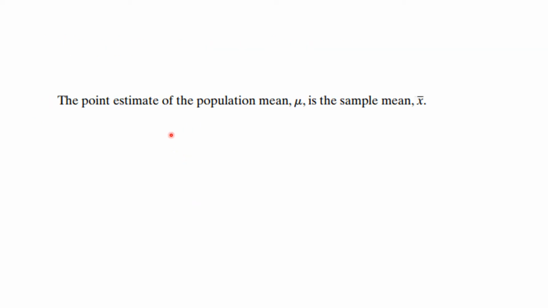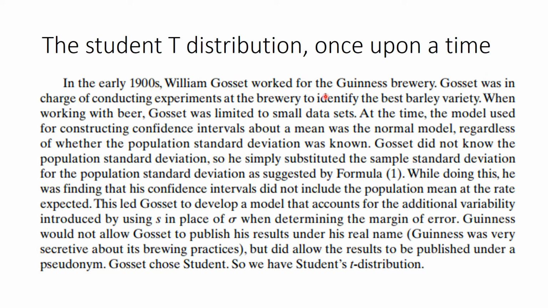Let's begin. The point estimate of the population mean, mu, is a sample mean, x bar. And once upon a time, a fellow who was working for the Guinness Brewery Company, in the early 1900s, was limited to very small data sets, and he also did not know whether the population standard deviation was known. Since he didn't know that, he just substituted the sample standard deviation into this.